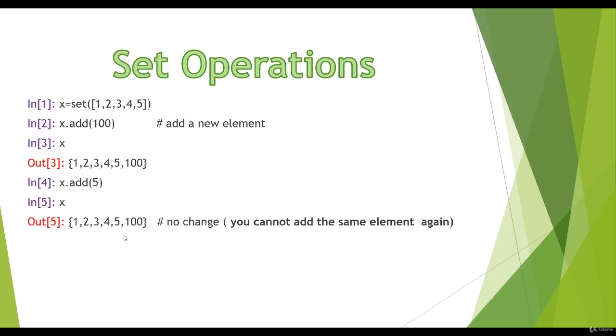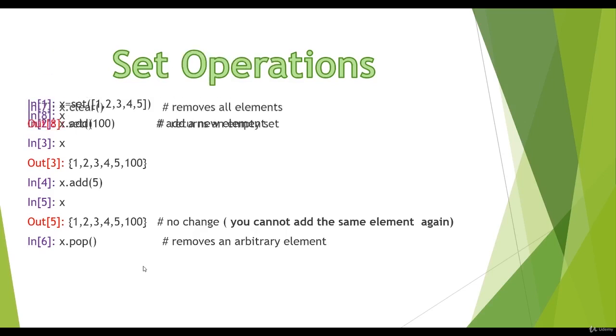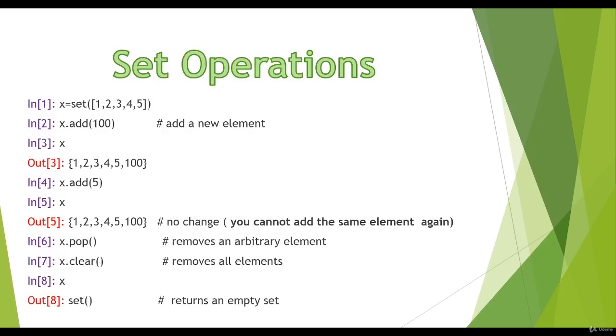All elements have to be distinct. Now set object dot pop removes an arbitrary element from the set. Set object dot clear removes all elements. Here we can see it returns an empty set.